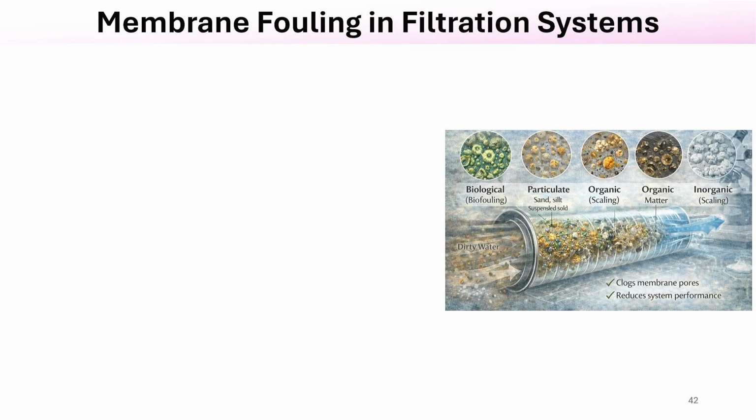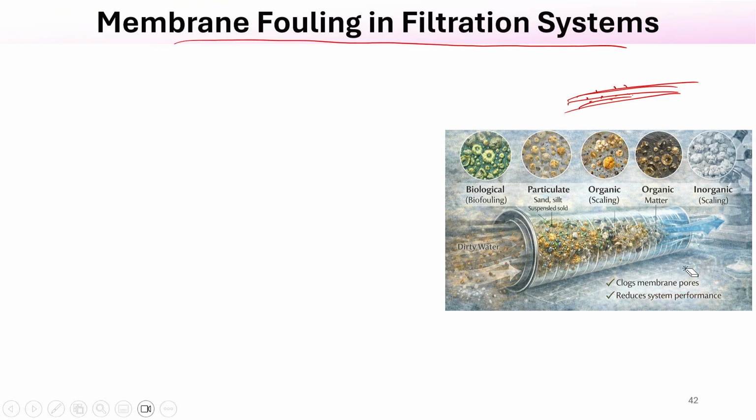So, membrane fouling in filtration is a very common problem, which we can reduce. Basically, in the textile membrane, microorganisms develop on the surface. That clogs the membrane pores and reduces the system performance.